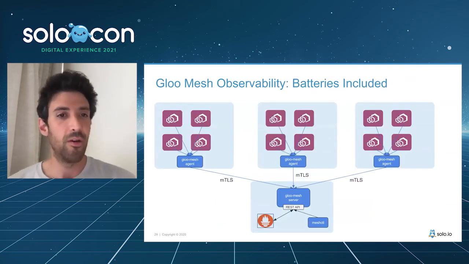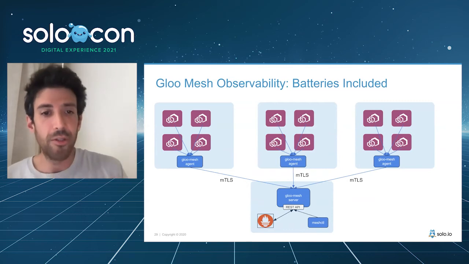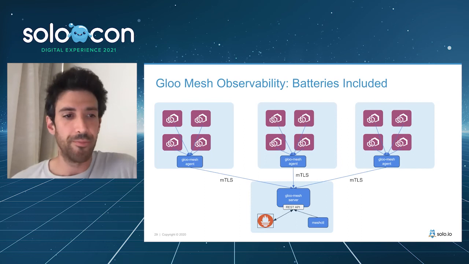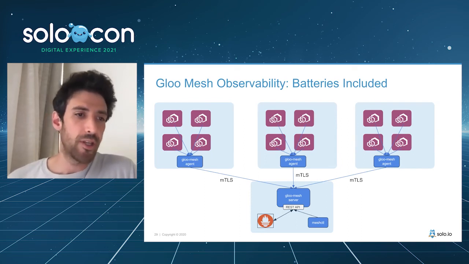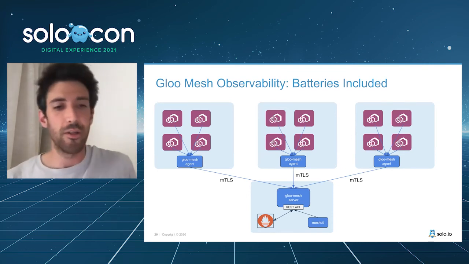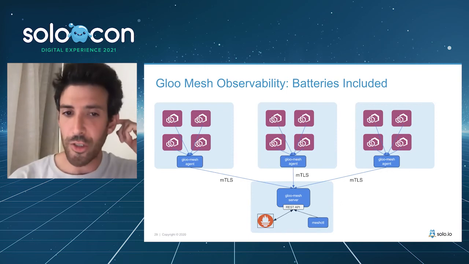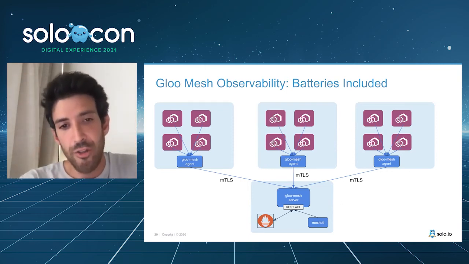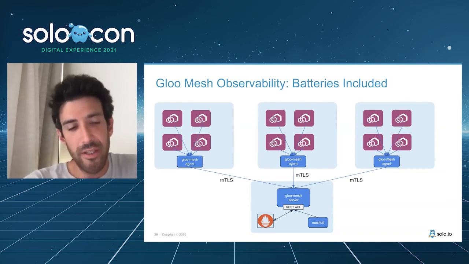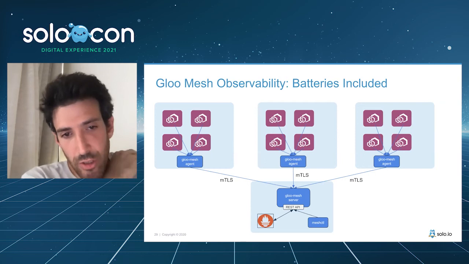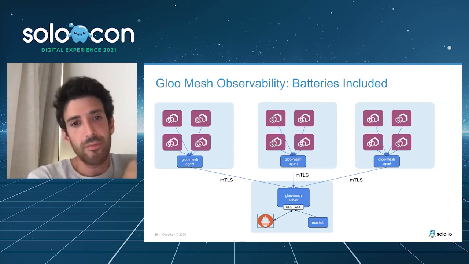Just to give an overview of our batteries included approach, which is the out-of-the-box approach, we install an agent that runs on each cluster. The agent connects to a server running on another cluster, over a secure mTLS connection, which uses client certificates in order to verify the identity of each agent. The agents connect to the server, and then they begin to push.